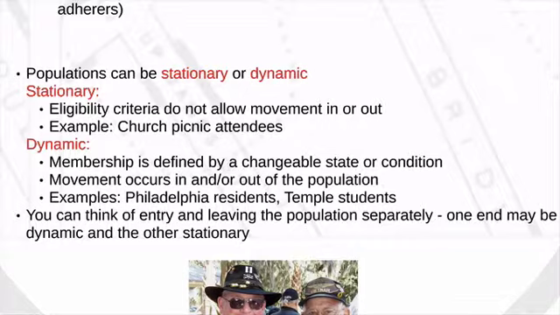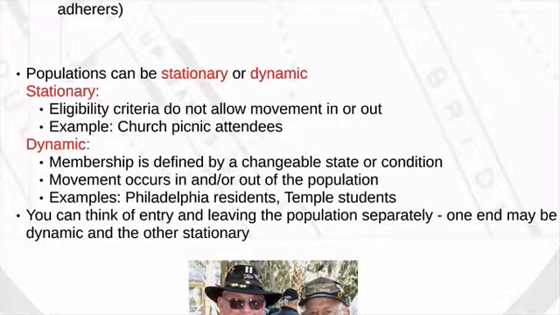And one thing to think about with stationary versus dynamic is that it can happen on either end, right? So we can think about, is my population stationary or dynamic on the front end where I start my study? And then is it dynamic or stationary on the back end? To be honest with you, most of the studies we do and most of the populations that we track, we end up with groups that are stationary on the front end.